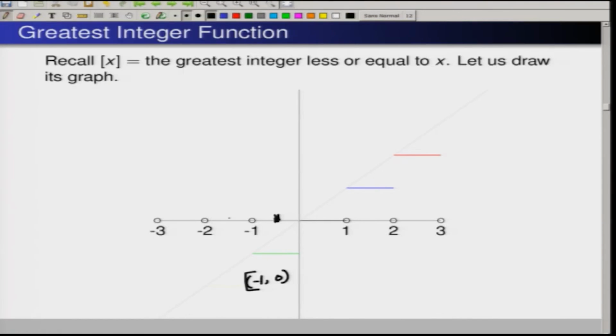Similarly, if your x is here, then you are going to get the value of negative 2. So, this is what your function will look like in this interval. This is minus 2 closed to minus 1 open, and it is going to take the value negative 2.